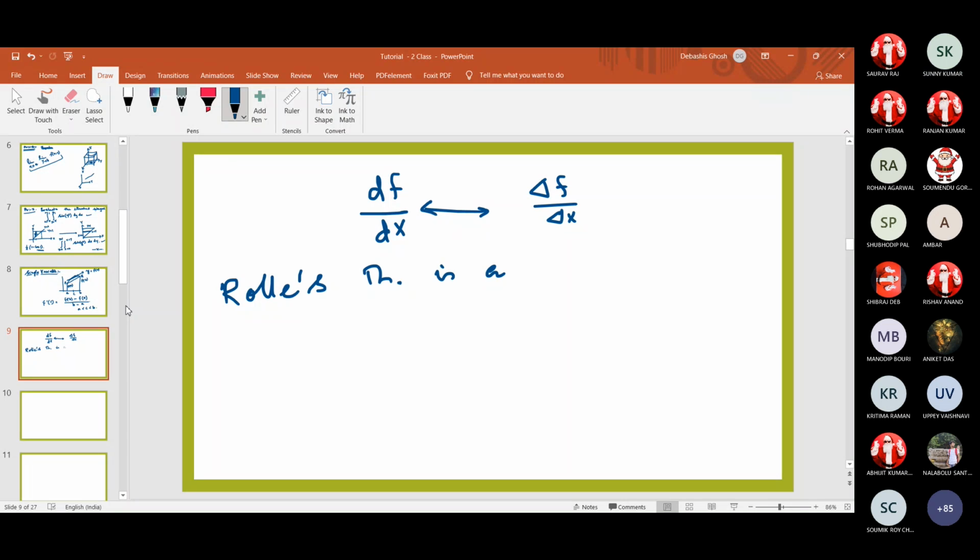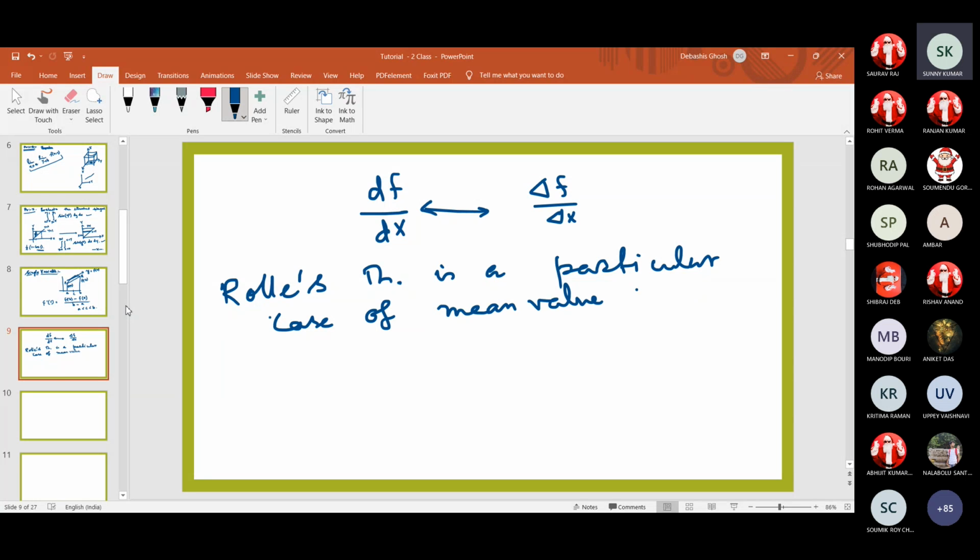One of the restrictions we are imposing on this mean value theorem is f(a) equals f(b). We are getting that the point f dash c comes to 0. That is the elementary thing.